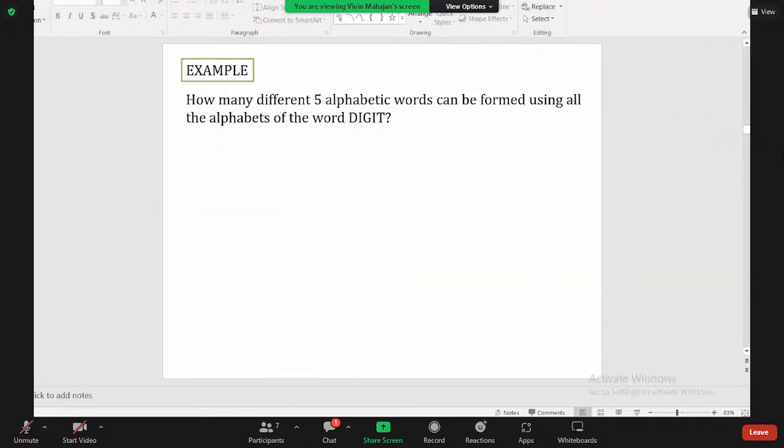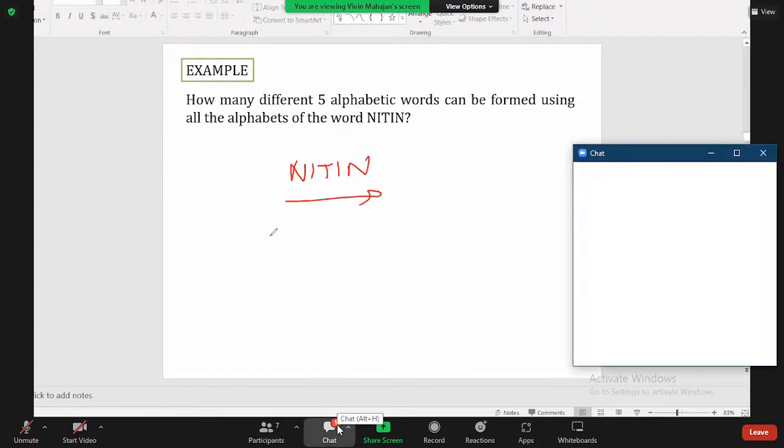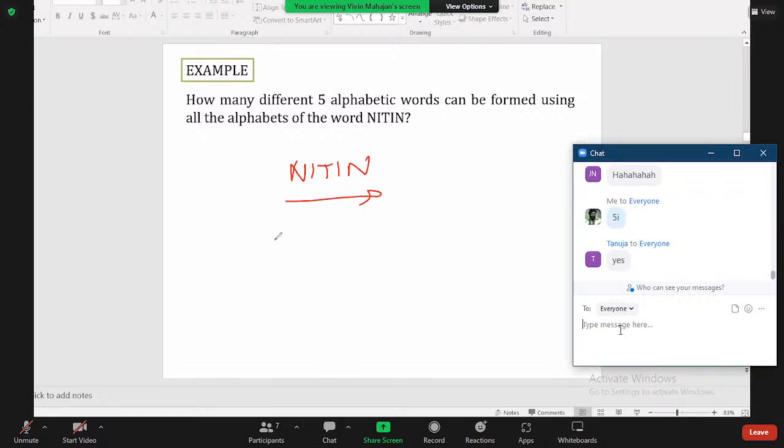Similarly, moving on to the next example. Now, what will be the answer out here for the word Nitin? Okay.